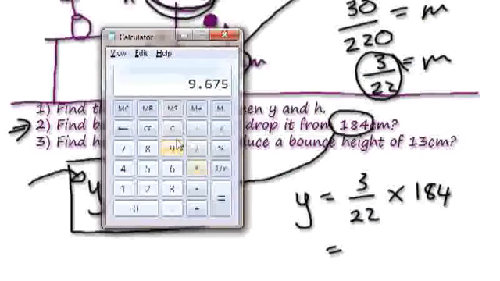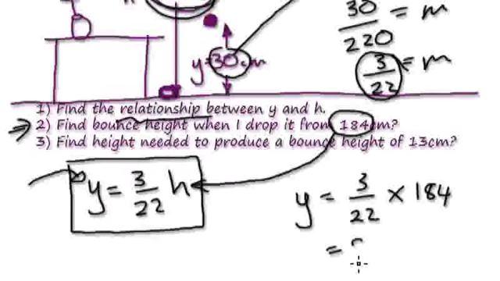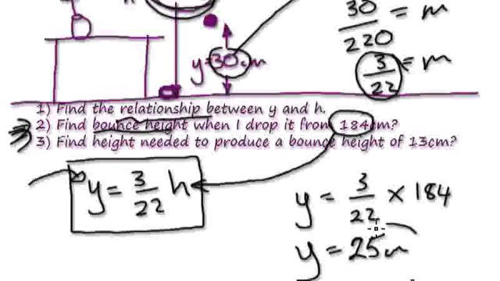So I'm timesing a fraction, so it's going to get multiplied to the top. So it's 3 times 184 equals this, and then divided by 22 equals this. So y will be roughly 25. Okay, so y equals 25. So question 2, find out the bounce height. Well, the bounce height will be 25 centimeters.